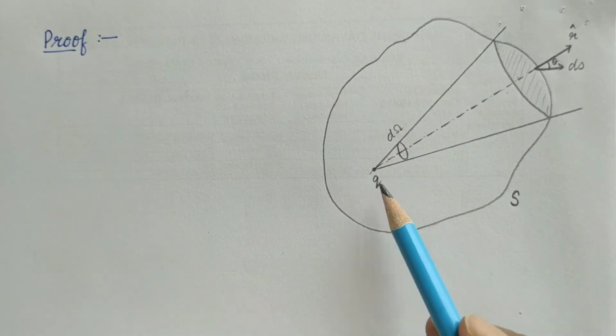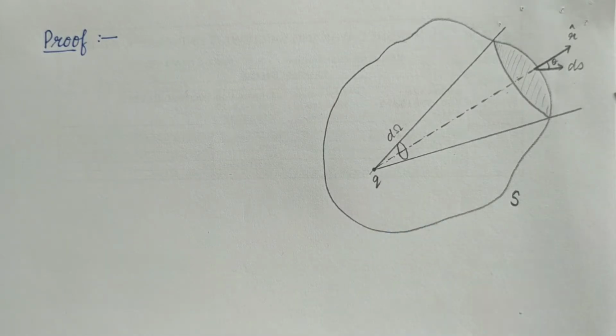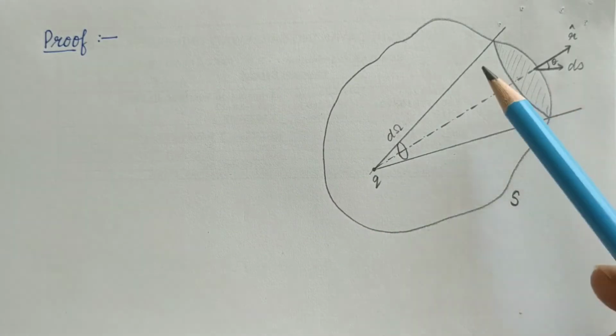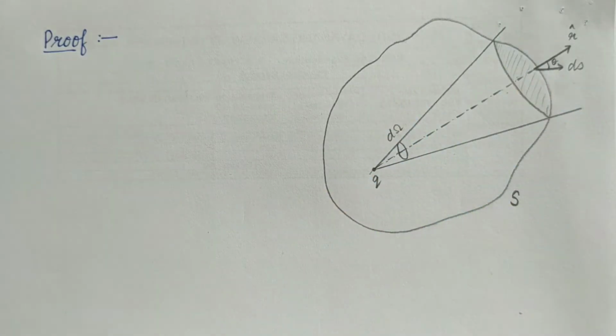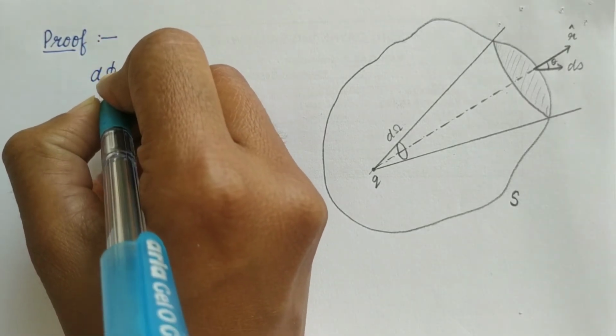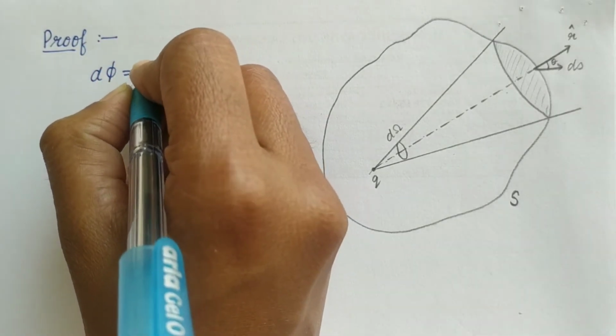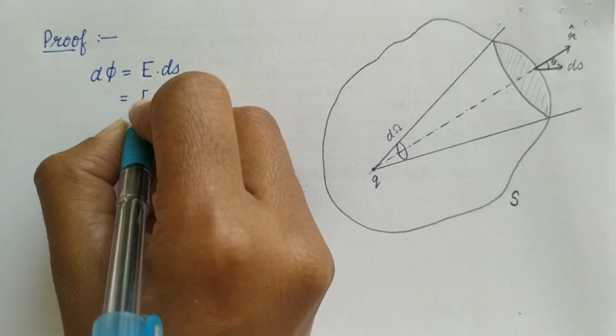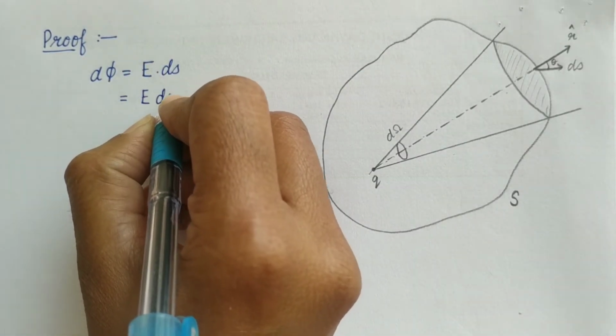Let's consider a point charge q surrounded by a hypothetical closed surface S of an arbitrary shape. Then the electric flux, that is d phi, is equal to E dot ds, or we can write E ds cos theta.